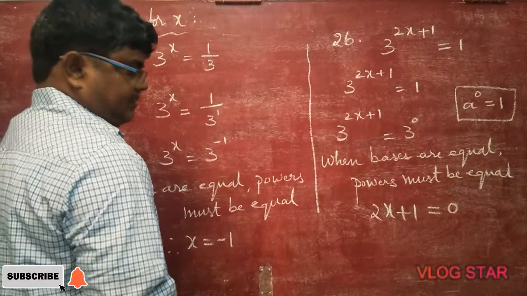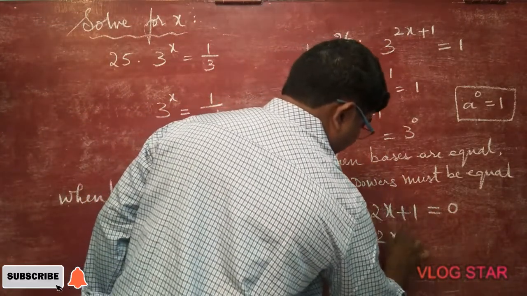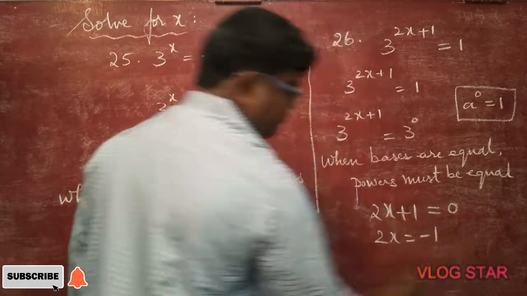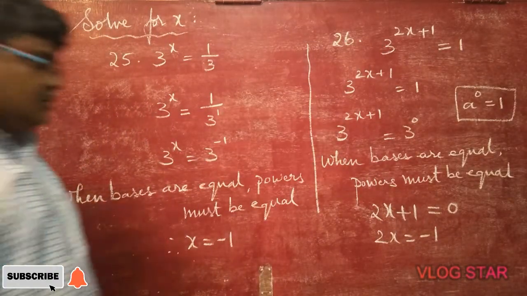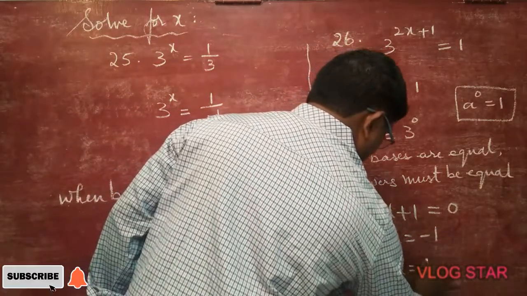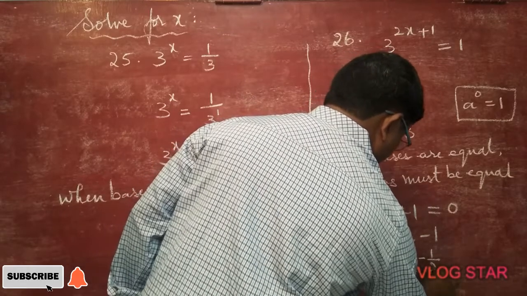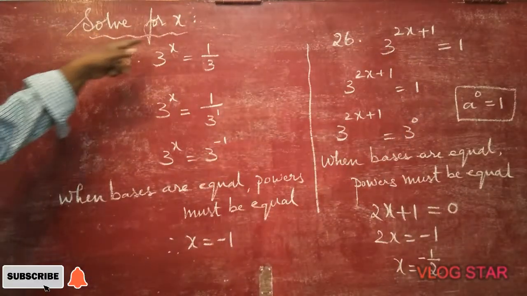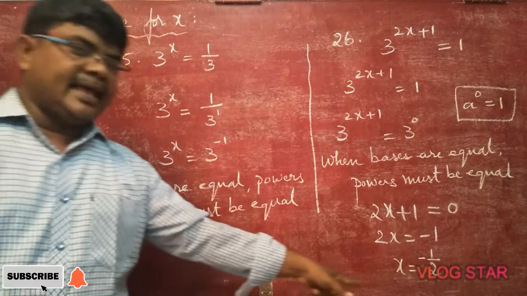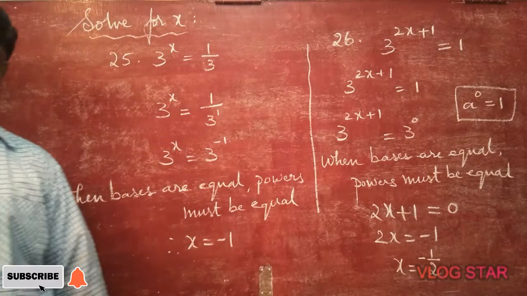We are equating powers. 2x is equal to, plus 1 goes from left to right, minus 1. So x is equal to minus 1 by 2. They asked to solve for x. We have solved for x. We got the value of x.